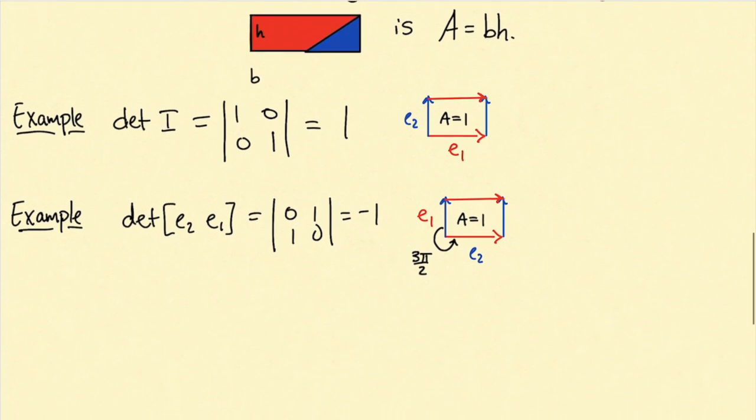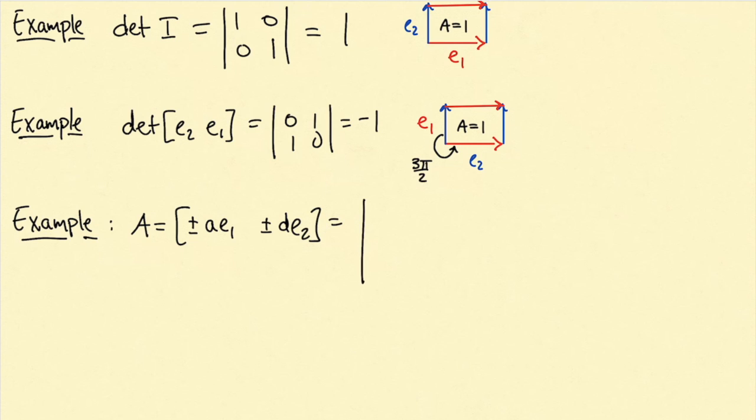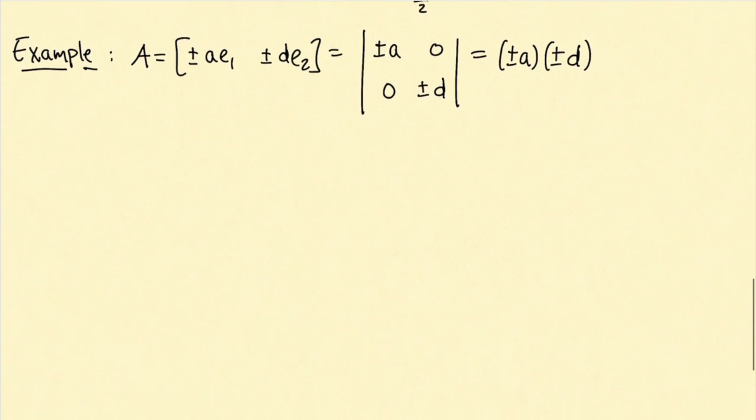Our next example is going to be a matrix formed by scaling the vectors E1 and E2. This will give us a matrix with plus or minus A, 0 for the first column, and 0, plus or minus D for the second column. And we claim that the determinant of such a matrix is the product of the entries on the diagonal.